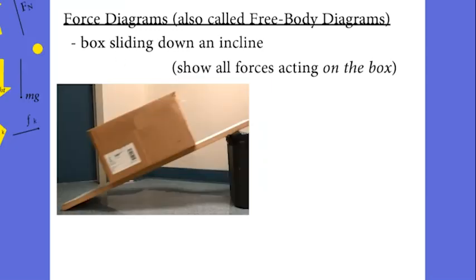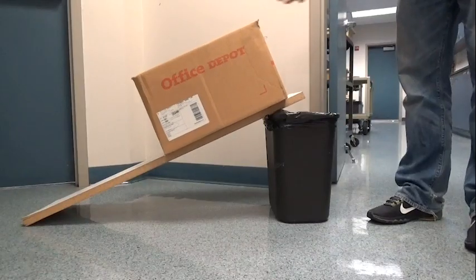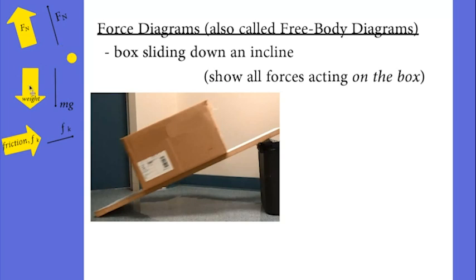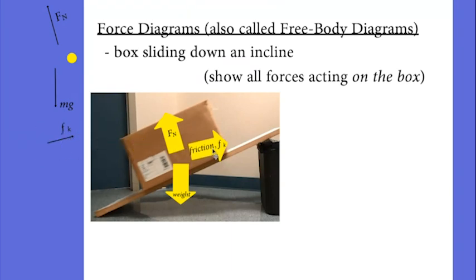Let's look at yet one more example. Now I've raised the ramp to such an angle that the frictional force can no longer keep it from sliding down the ramp. I raise it to a level, and now the box is sliding down the ramp. And now the forces acting on the box are very similar to what they were before, except now I've got kinetic frictional force.